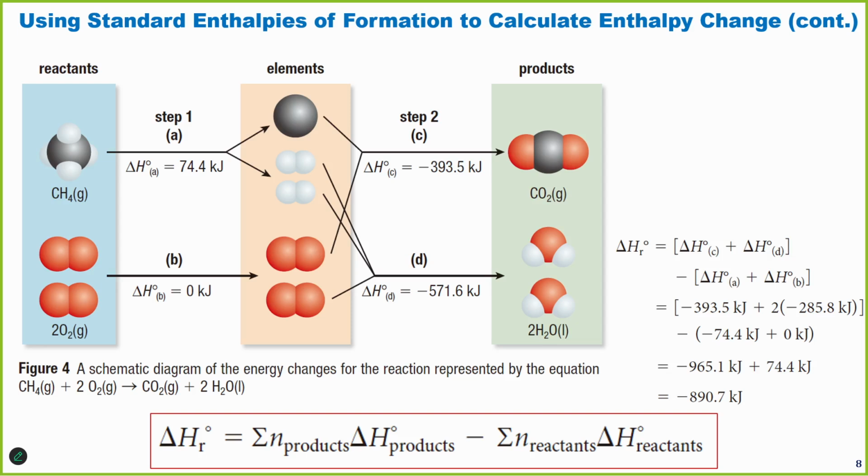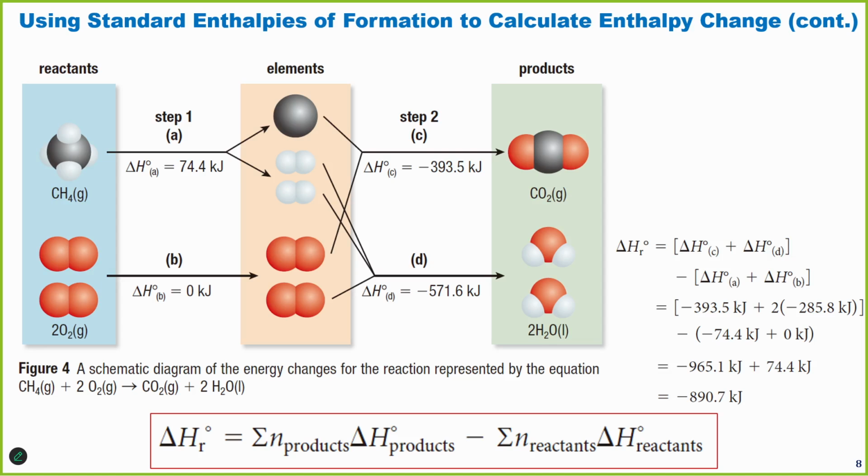Since only the standard enthalpy of formation values were used in this example, we can state the following simplification. The enthalpy change for any reaction can be calculated by subtracting the sum of the enthalpies of formation of the reactants from the sum of the enthalpies of formation of the products.